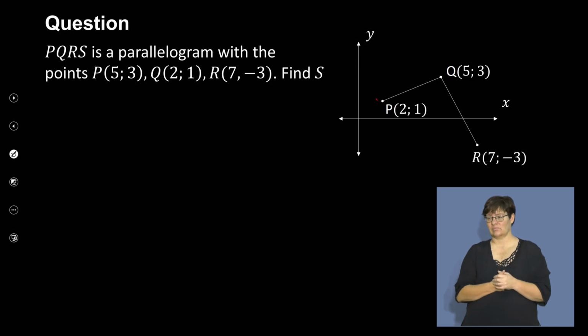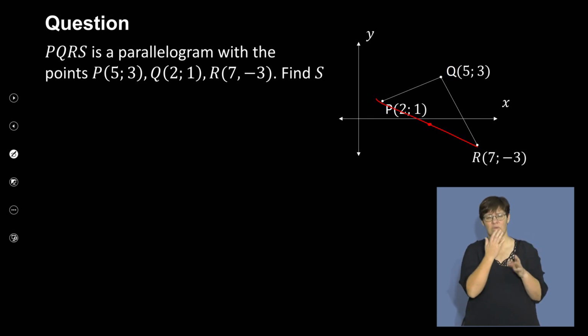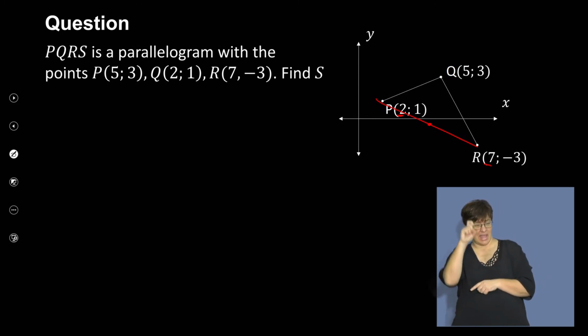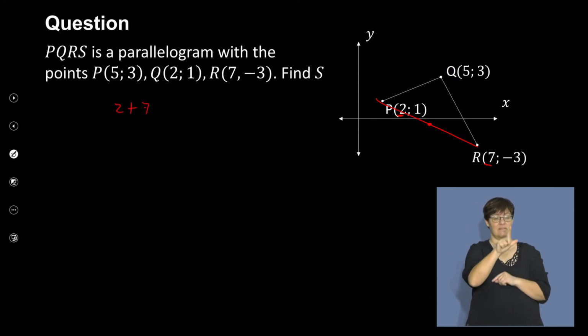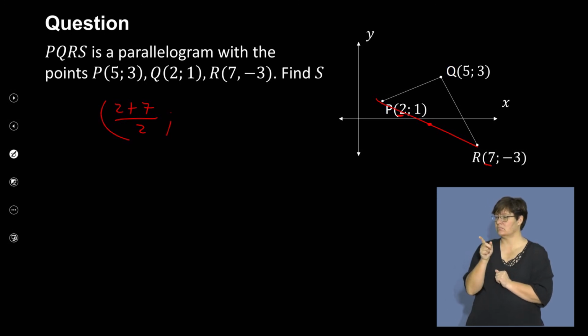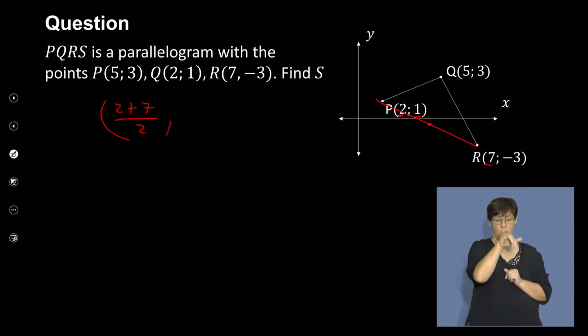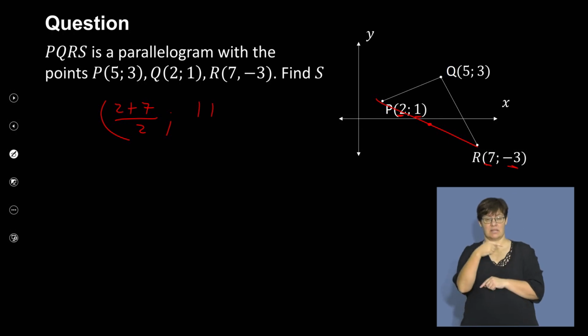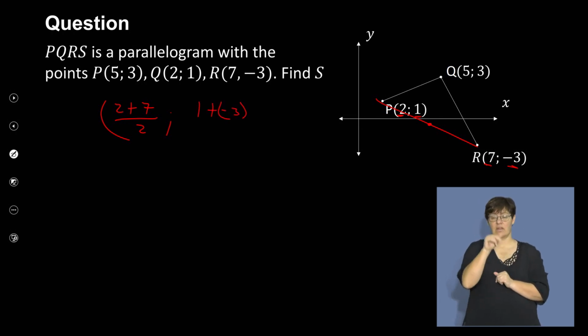I'm first going to find the midpoint of this line. How did that formula work? Well, it was the x-coordinate plus the other x-coordinate, so it's going to be 2 plus 7 divided by 2. And it's going to be the y-coordinate plus the y-coordinate, 1 plus minus 3 divided by 2.